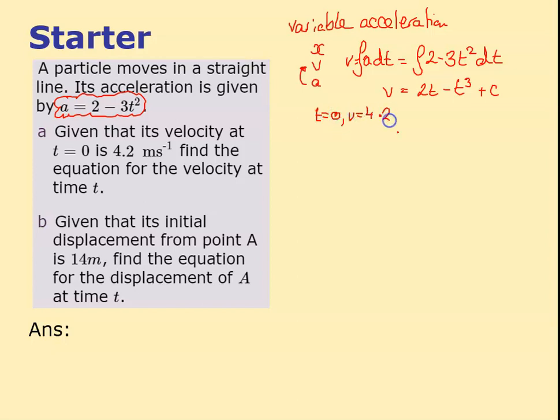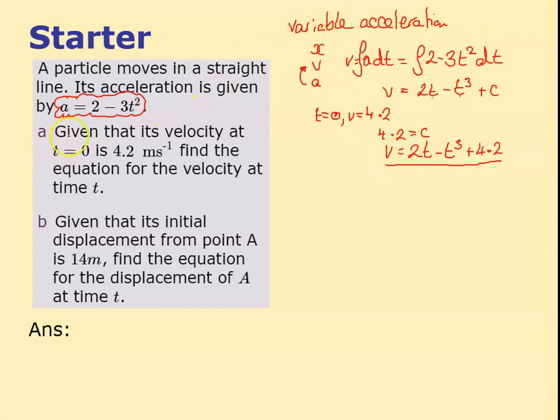So presumably I can just type those in. 4.2. The lovely thing about this is you'll notice when t equals 0, that disappears. So c is just 4.2, and my final equation then is v equals 2t minus t cubed plus 4.2. And again, you'll notice it's variable velocity.